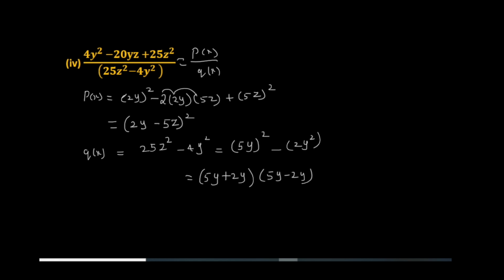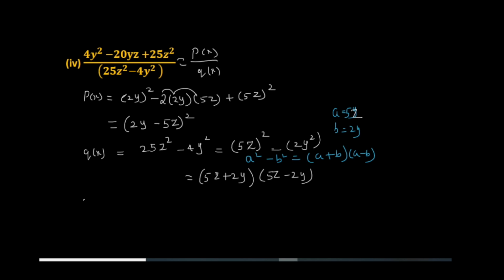You know the identity a squared minus b squared is nothing but a plus b into a minus b. Here our a is 5z and our b is 2y, so 5z plus 2y and 5z minus 2y.